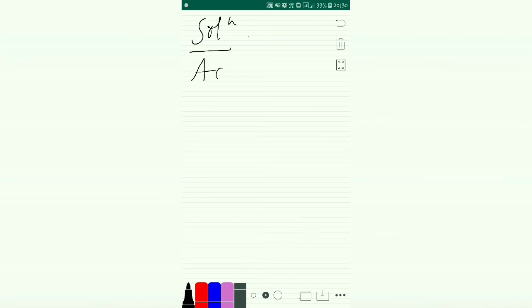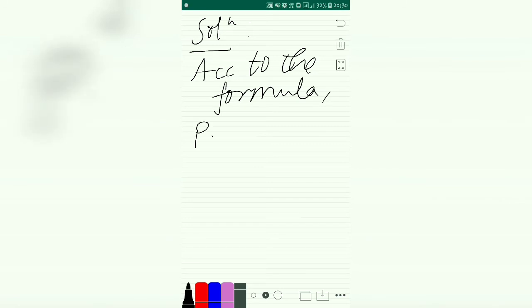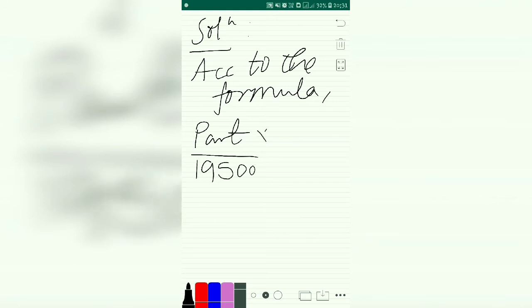According to the formula, you have to substitute all the values. So the values we have is part as it is because we don't know, total 19,500 into 100 is equal to 75%.